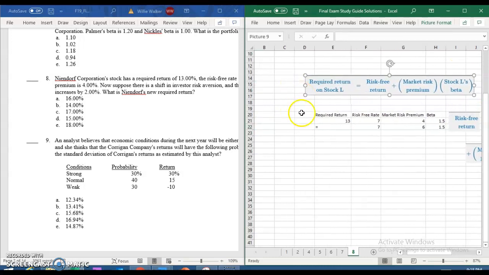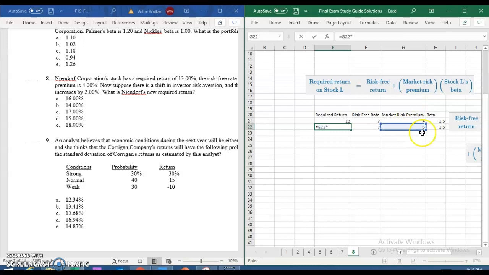Here we go. This is going to be equal to the market risk premium times beta, right, plus the risk-free rate. And it's going to give us a required return of 16%. So answer choice A would be what we want to select.